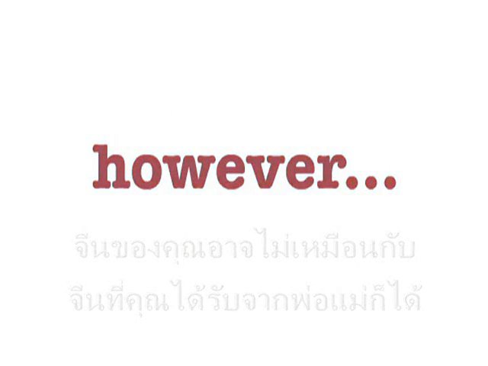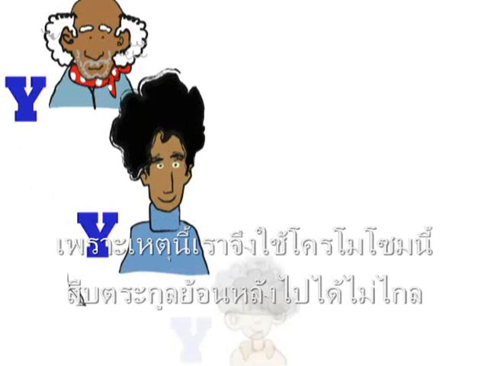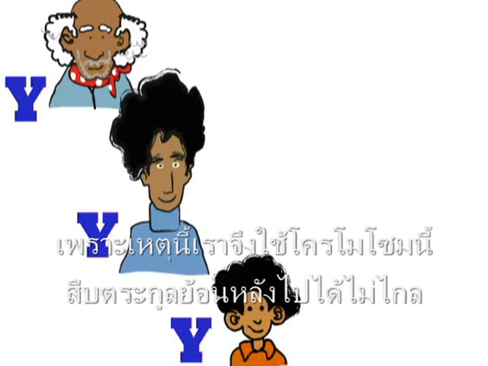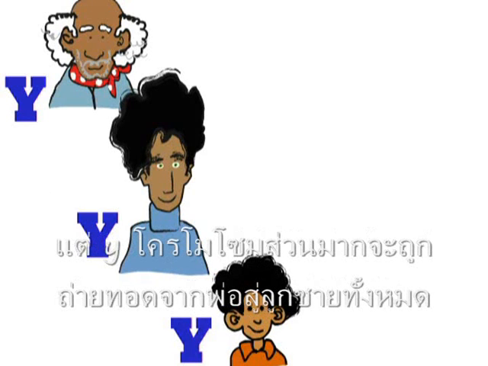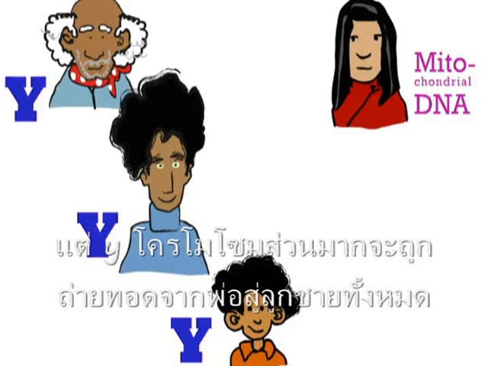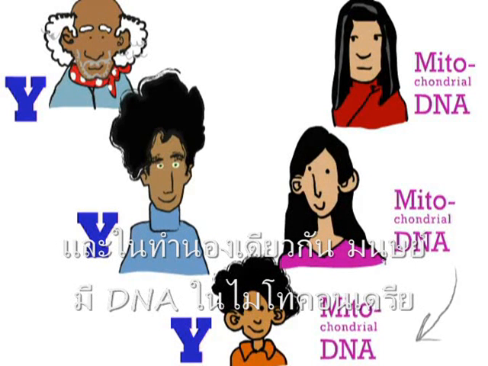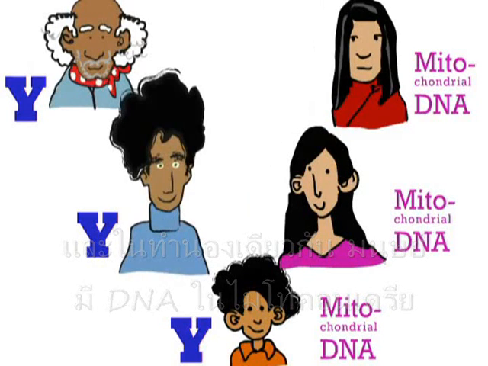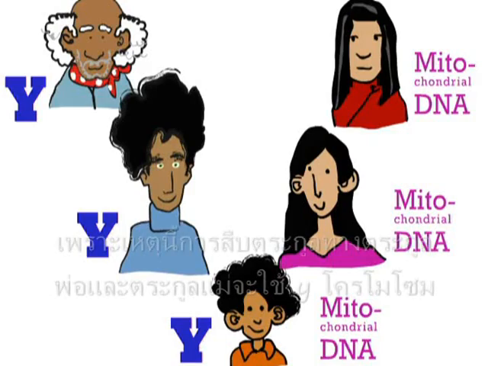However, most of the Y chromosome is handed down from father to son entirely intact. Likewise, in humans, DNA in the mitochondria is passed on only from mother to child. For this reason, ancestry along your father's line or your mother's line is easier to trace using the Y chromosome or mitochondrial DNA.